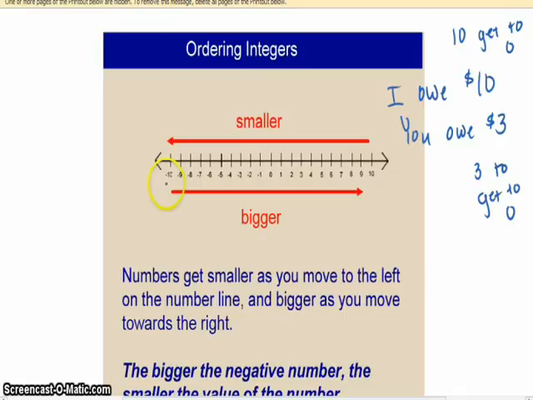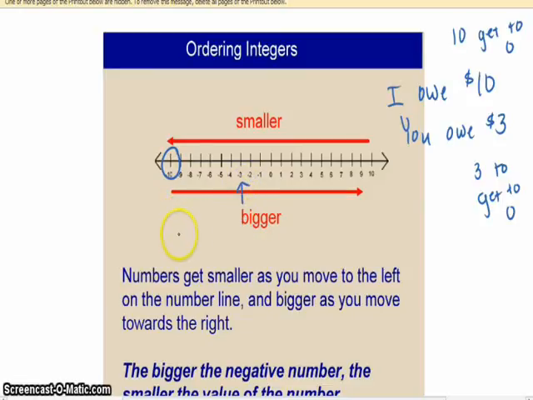So you can see on the number line that I would have to go all the way here. I'd have to come up with all that much to hit zero. You only have to come up with this much to hit zero. So negative 10 is actually a much smaller amount than negative 3.